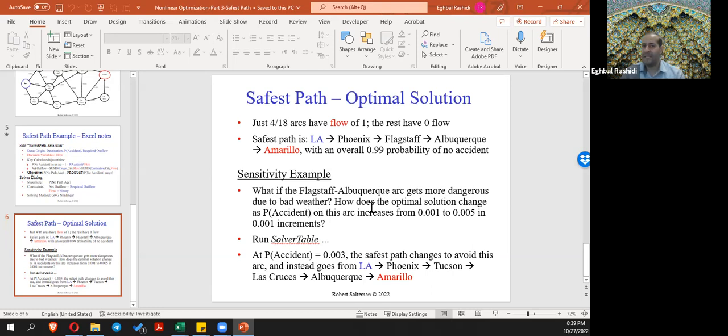What if the Flagstaff to Albuquerque road gets more dangerous due to bad weather? For example, we want to see how that would change if we increase the probability of having an accident from 0.001 to 0.005 by an increment of 0.001.